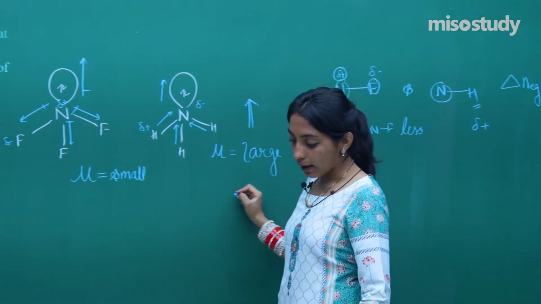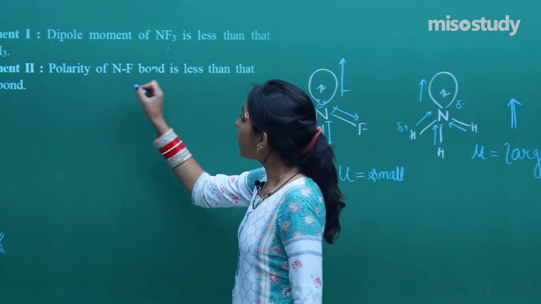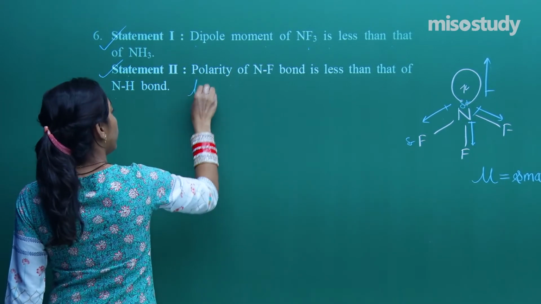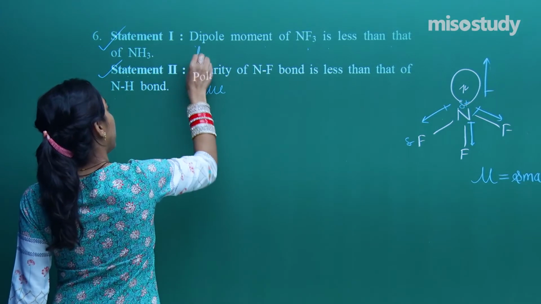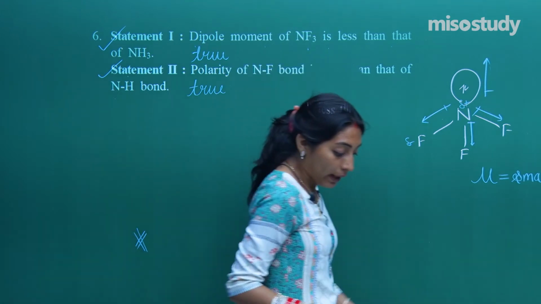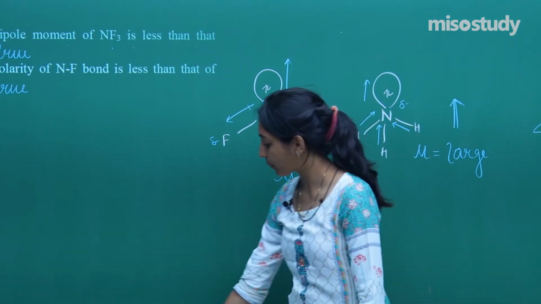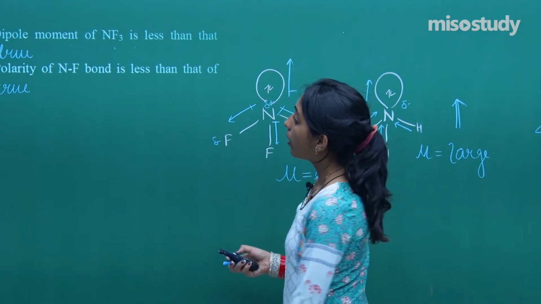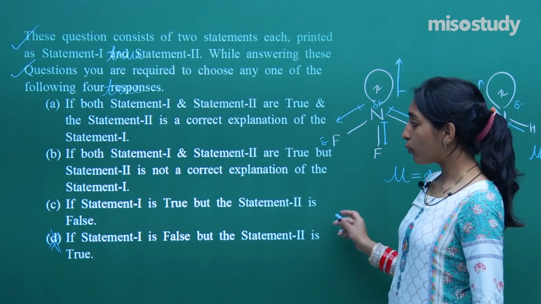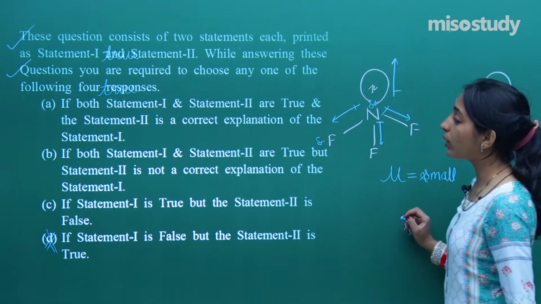Now let me read the question again. The question was, polarity of NF bond is less than that of NH bond. So statement 2 is also true, 1 is also true, okay. Now if I continue further, if both statements are true, and then it says that statement 1 is true but statement 2 is false.